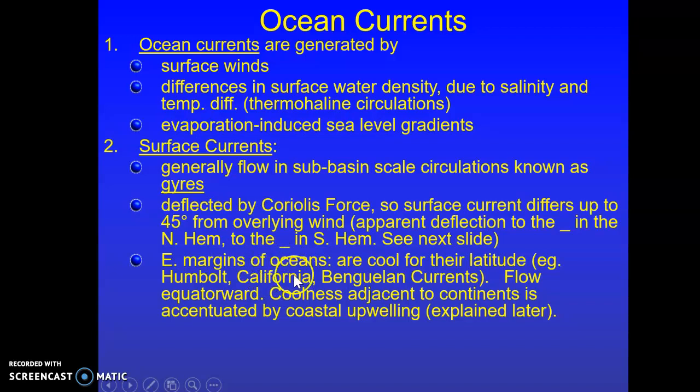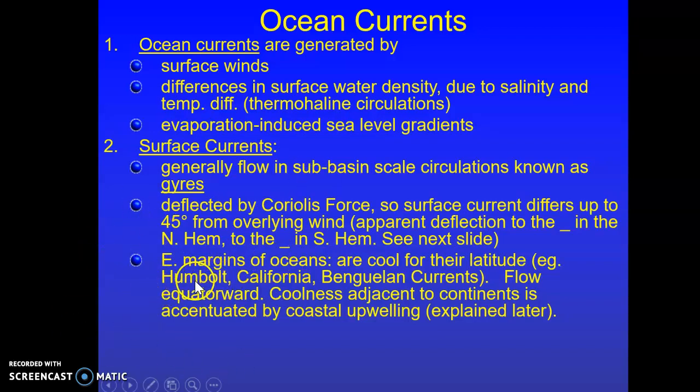Then also, we'll come to the next slide in a bit. The east margins of currents are cool for their latitude, and so we're on the east side of our ocean, right? Our west coast is the east side of the Pacific Ocean, and that is also true of the Humboldt Current of South America.